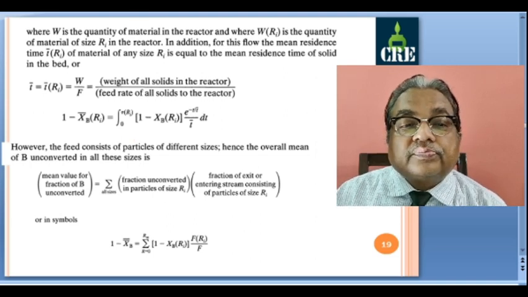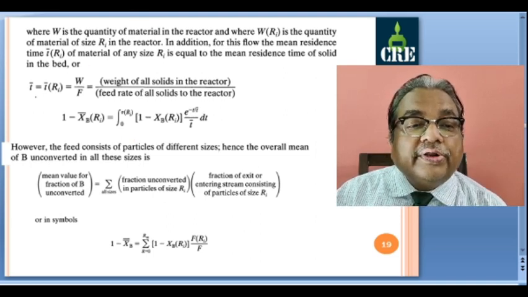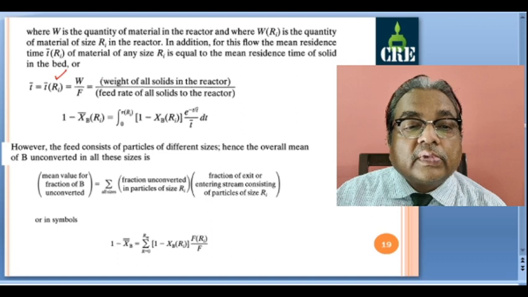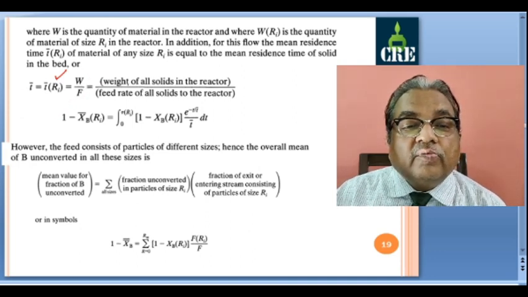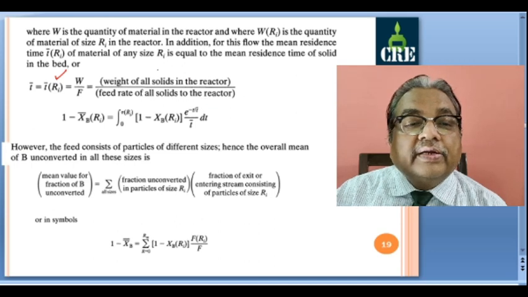So here we will have this quantity: t bar of size Ri, and the weight of all the solids in the reactor, so the feed rate of all the solids in the reactor is W by F. So t bar for all the sizes, and similarly for different sizes we can write this equation.